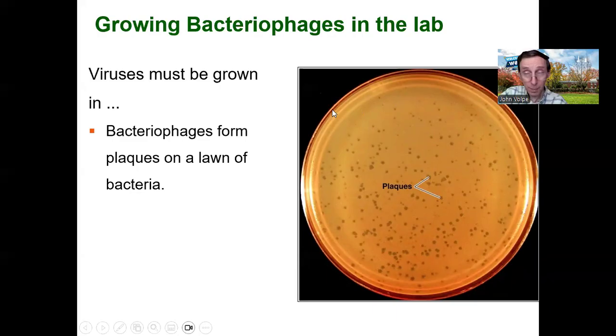And then you plate on a sample containing the virus, and you spread that virus around the plate. And where the virus binds to a bacteria cell, it will then replicate, lyse that cell, and then go out and infect other cells, giving rise to a plaque.